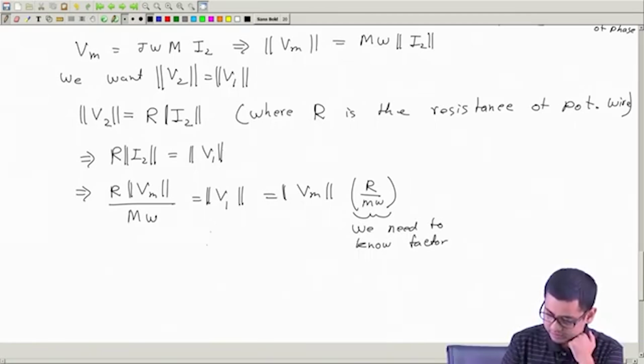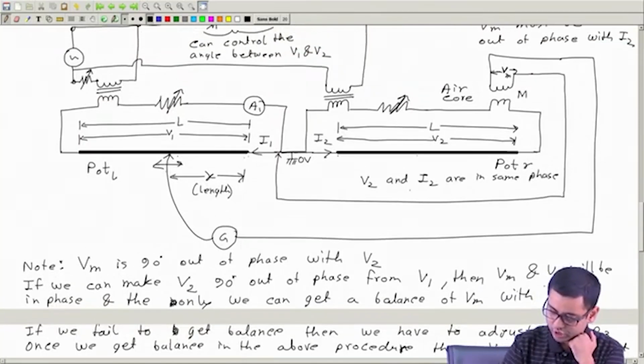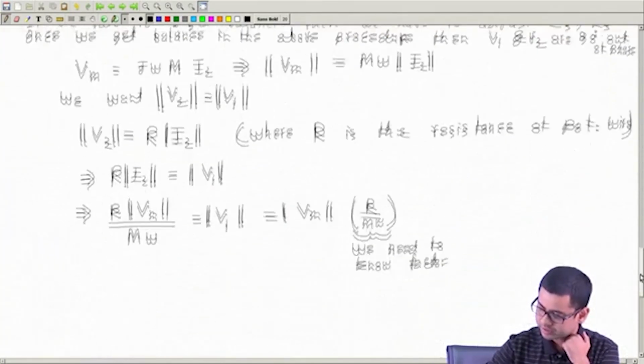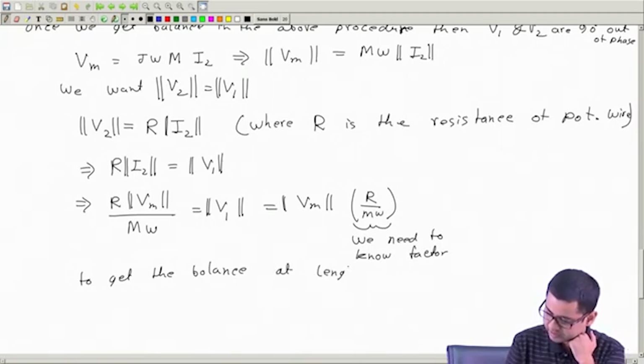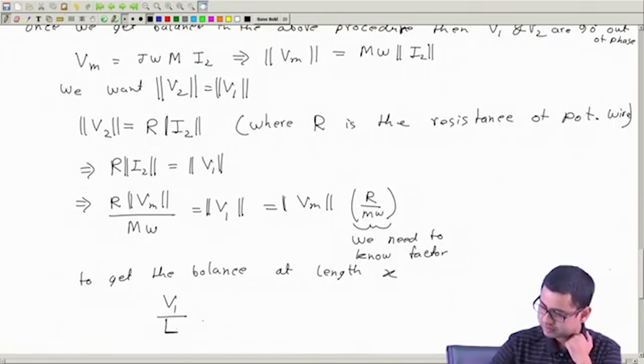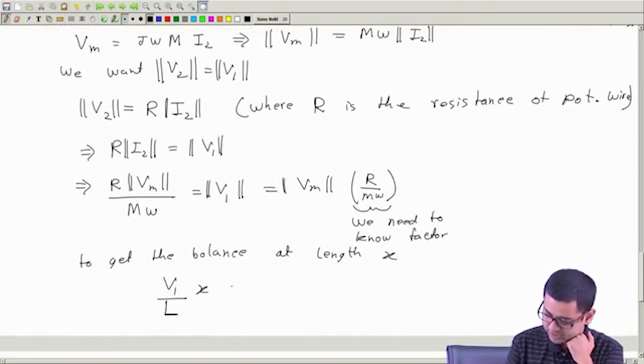So we can write that we are getting Vm here, and we want to get a balance. Okay, so to get the balance at length x, we need to satisfy V1 by the total length L multiplied by x is equal to Vm.